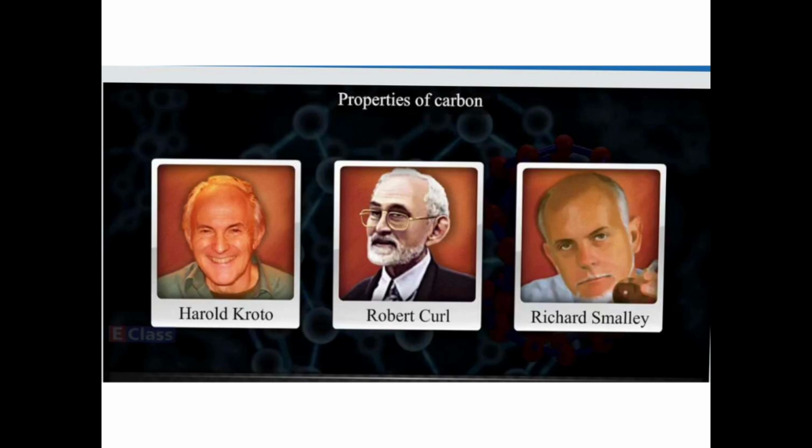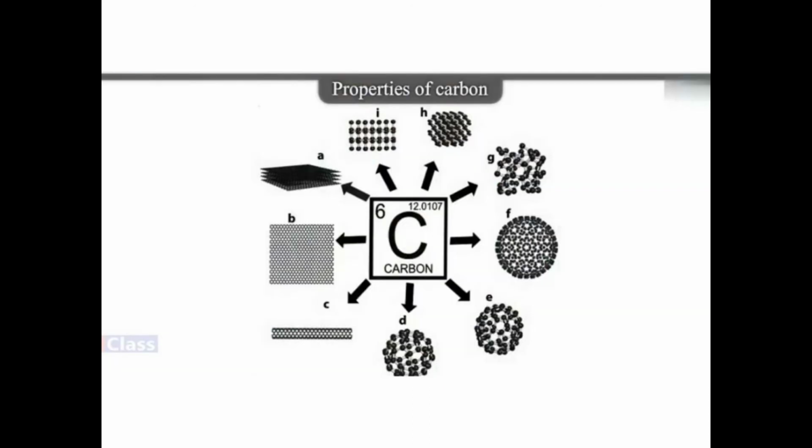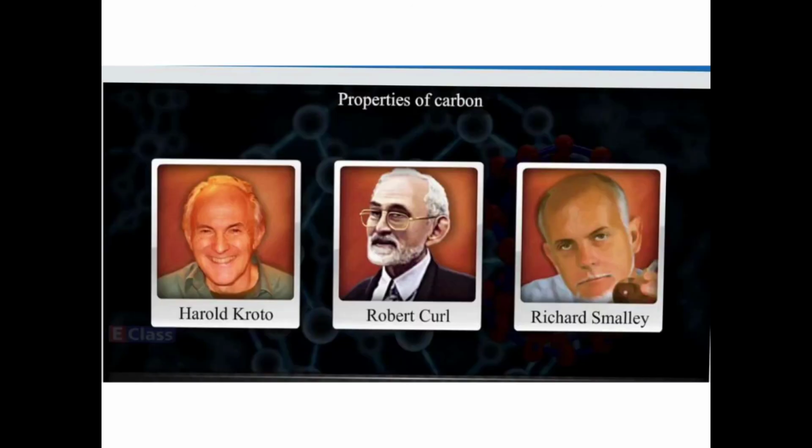Now, fullerene, because of the structure of C60, resembles the structure of the geodesic dome we design. So now, children, Harold Kroto, Robert Curl, and Richard Smalley, these three scientists were given the Nobel Prize in Chemistry in 1996.